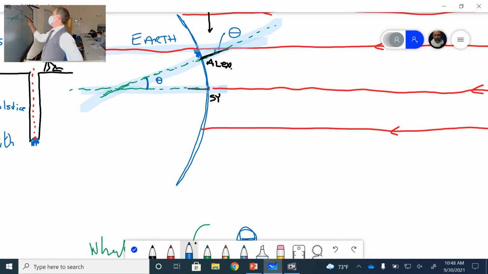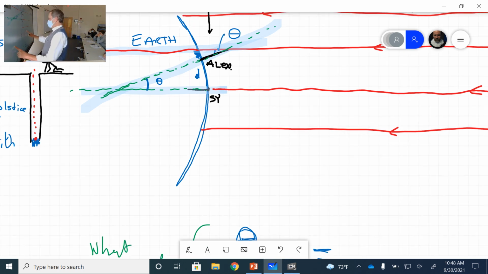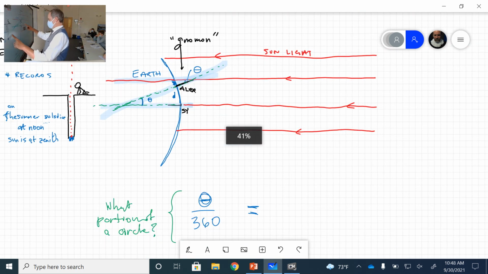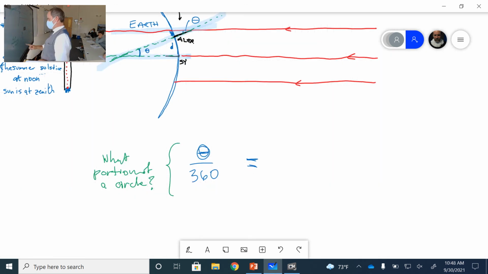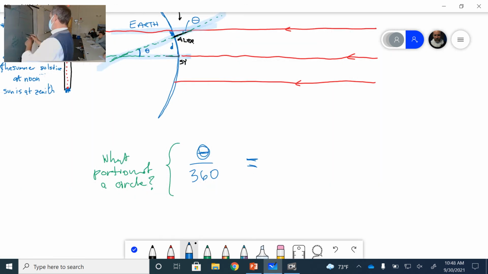So this distance here from Alexandria to Syene, if you know that distance, then you can figure out the size of the whole Earth. Essentially, what he's saying is this: that theta is to 360 as d is to the circumference of the Earth.